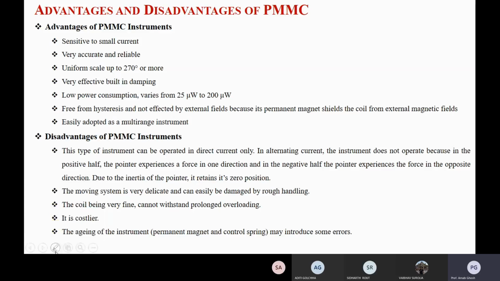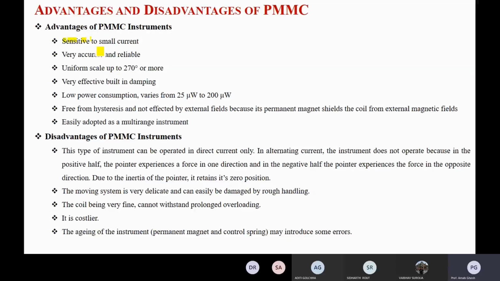The sensitivity of the PMMC instrument, all of you know about it. It is very sensitive because of very small deflections of current and voltage, which means the instrument is able to measure very small variations of electrical quantities.